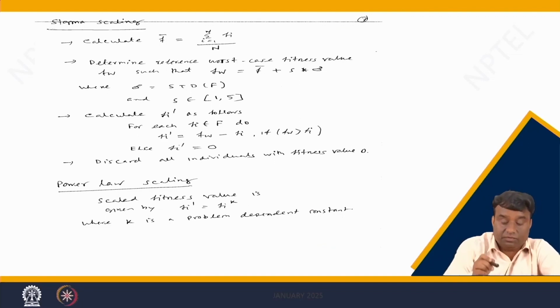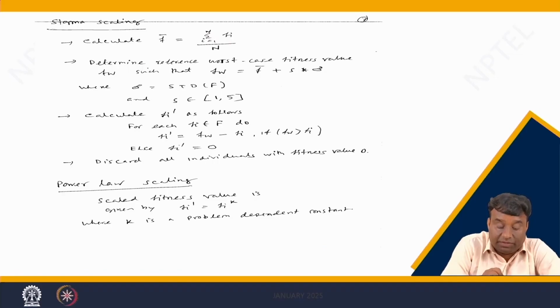Now sigma scaling. Calculate F bar, that is summation i equal to 1 to n of Fi divided by n. Determine the reference worst case fitness value. So Fw is F bar minus S multiplied by sigma, where sigma is the standard deviation of the set F and S belongs to 1 to 5.